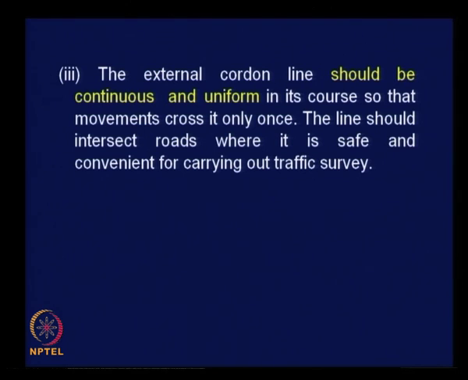The line should intersect roads where it is safe and convenient for carrying out traffic surveys, because we are going to conduct traffic surveys at the points of intersections of radiating roads and the external cordon line, right, and we must see that the roads intersect external cordon lines at safe and convenient locations, so that we can use that location for conducting traffic survey.